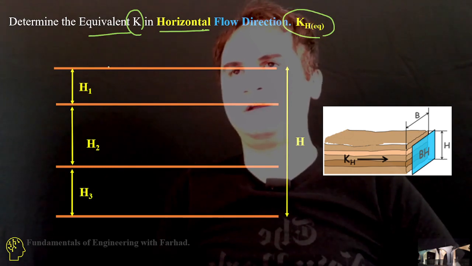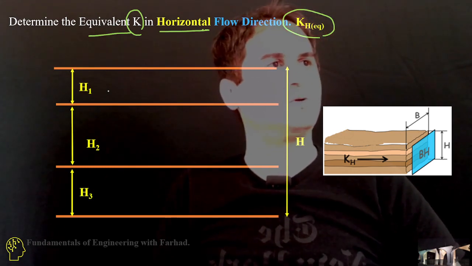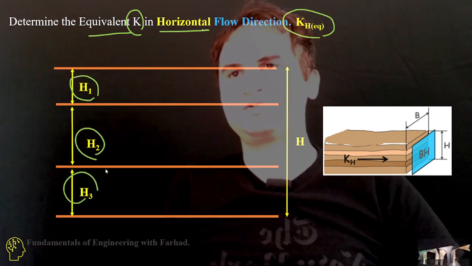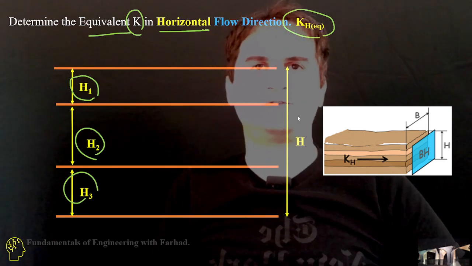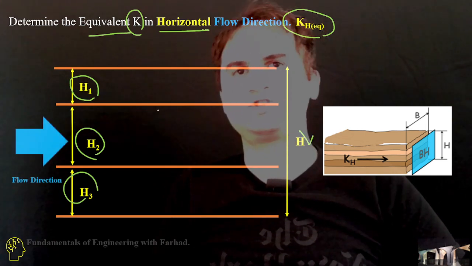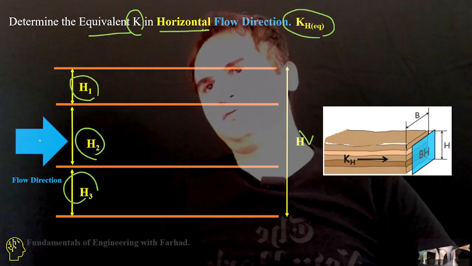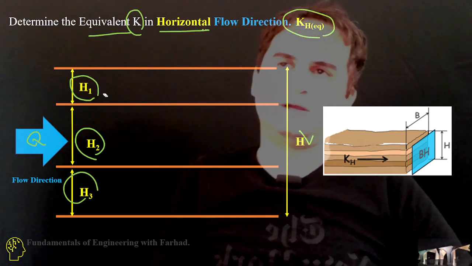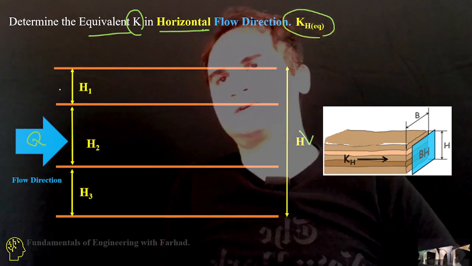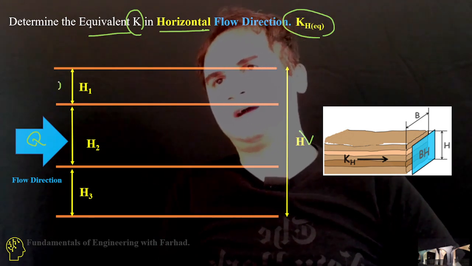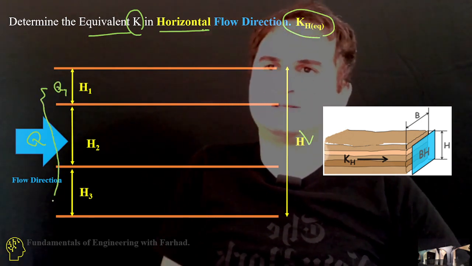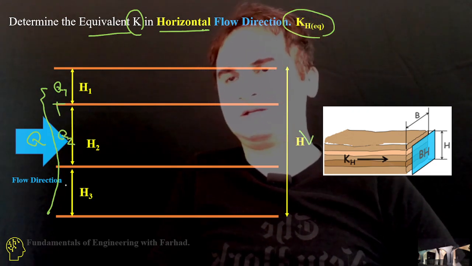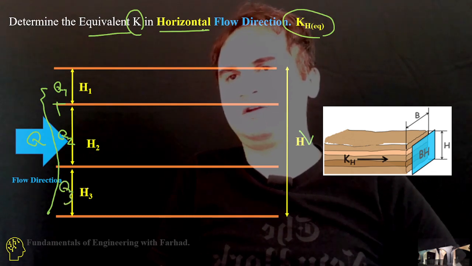So if we have a soil that consists of three different layers of H1, H2, and H3, considering a total height of H and a horizontal total flow of capital Q passing through these three layers, we can easily know that Q is divided into Q1 plus Q2, the flow in the second layer, and also Q3.